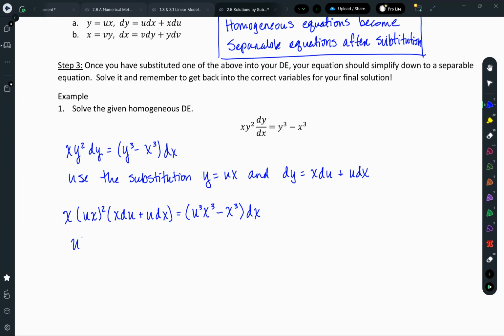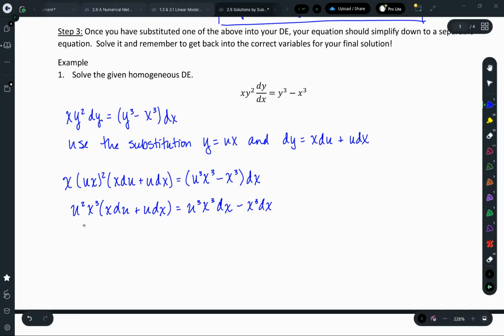That becomes a u squared x cubed times x du plus u dx. I'll distribute it in the next step. This is equal to u cubed x cubed dx minus x cubed dx.